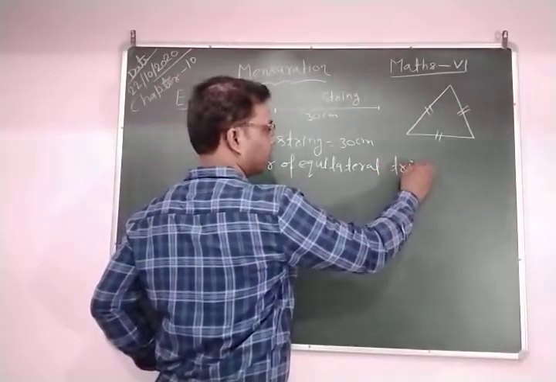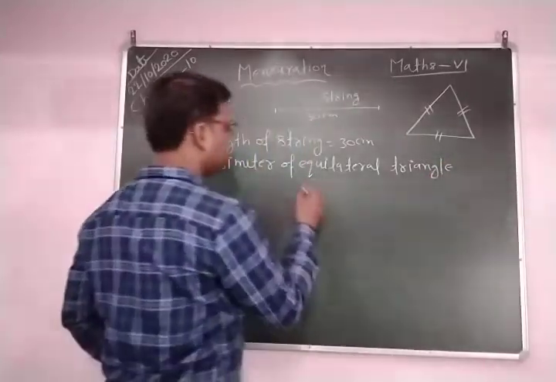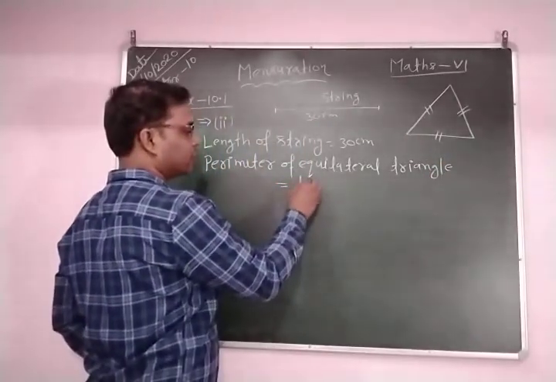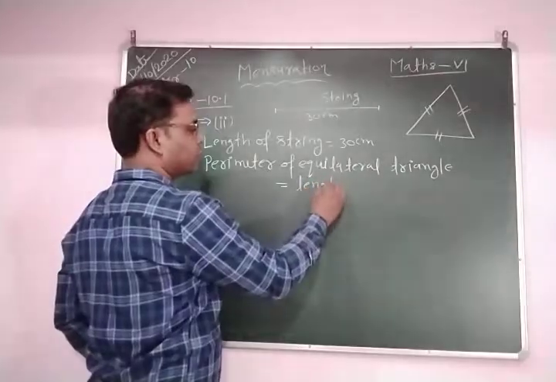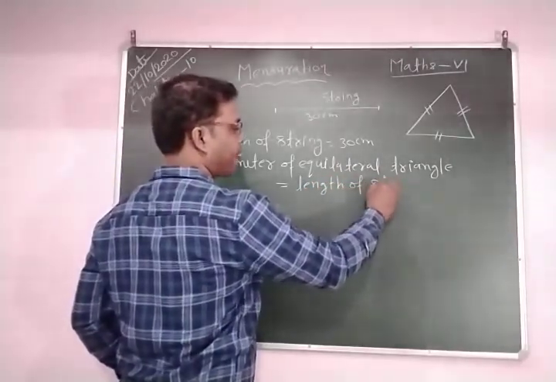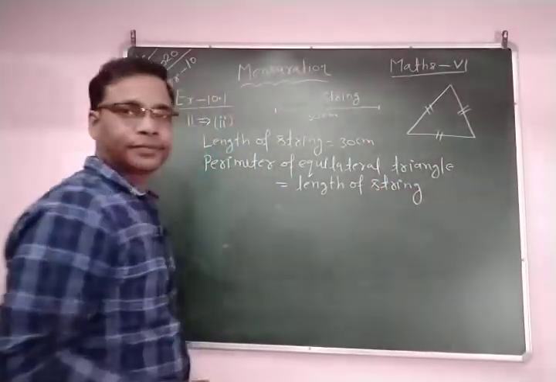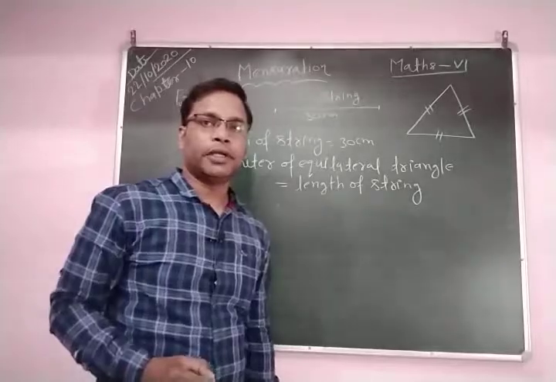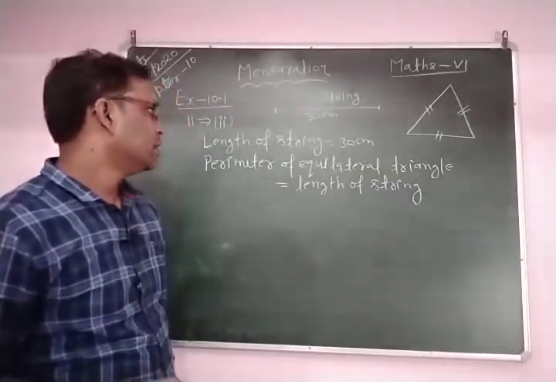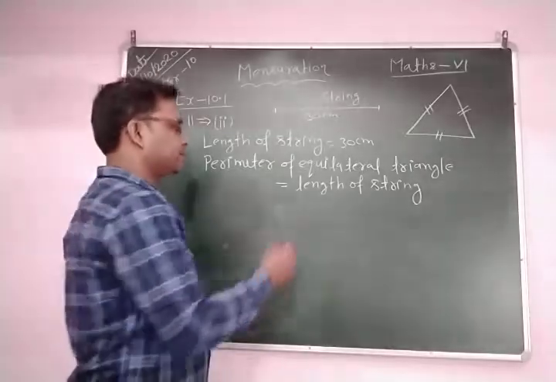The perimeter of the equilateral triangle is nothing but the length of the string.